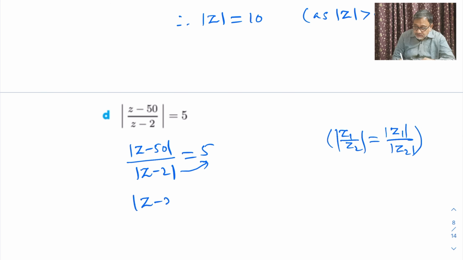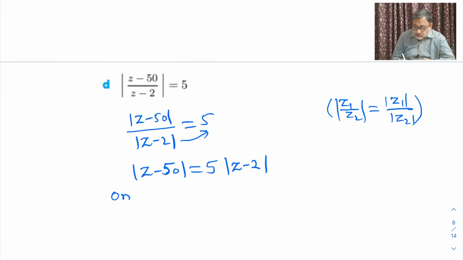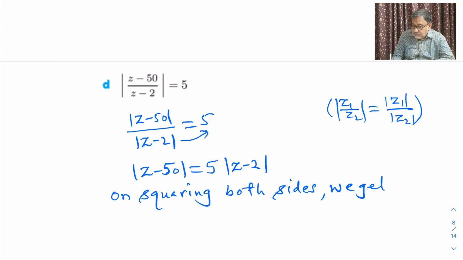So modulus of (z minus 50) is equal to 5 into modulus of (z minus 2). Now on squaring both sides, we get modulus of (z minus 50) square, 5 square 25, and modulus of (z minus 2) square.